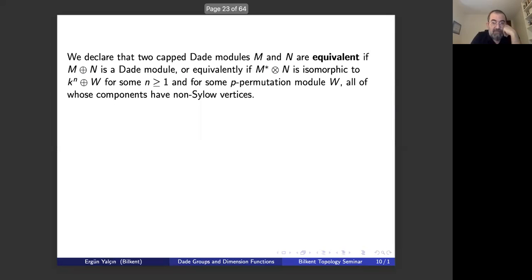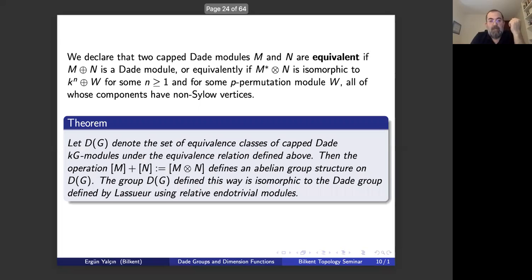You imitate all the things, like equivalence is defined the same way, and so on. So we define the Dade group. But the key thing is having indecomposable summands with more than one copy. In Lassueur's definition, if you have an indecomposable summand which is a zero vertex summand, you can only have one copy of that.